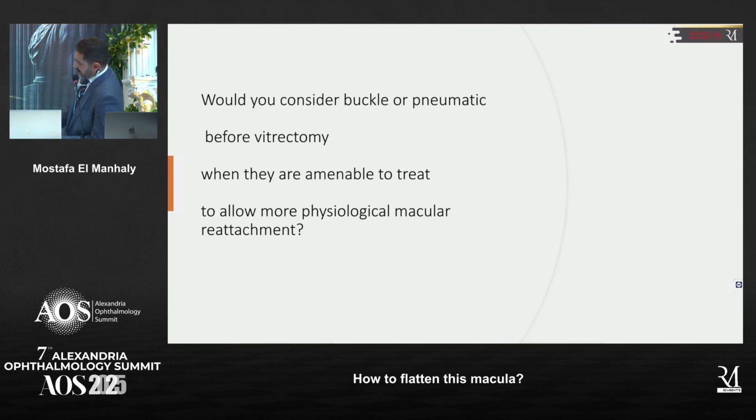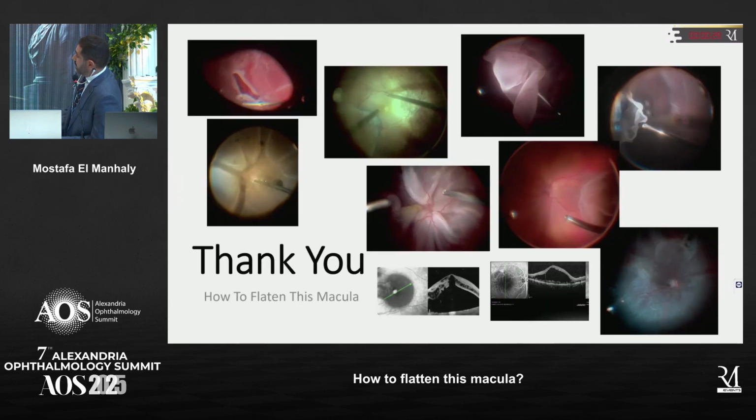Moreover, the rapid hydraulic reattachment of the retina, whether with air or perfluorocarbon, induces misplacement or misalignment of the photoreceptors, while the gradual absorption of subretinal fluid in a buckle gives the retina the chance to regain its original alignment.